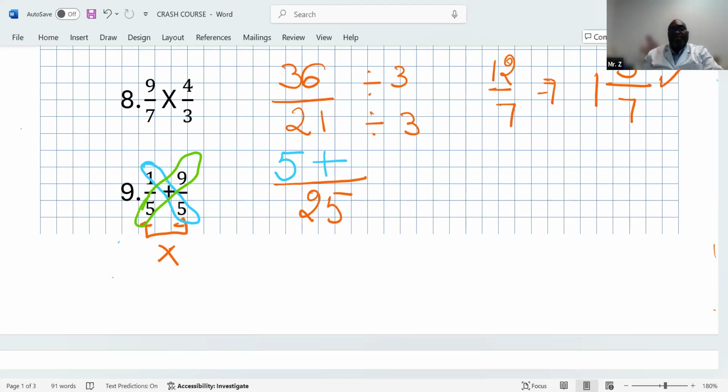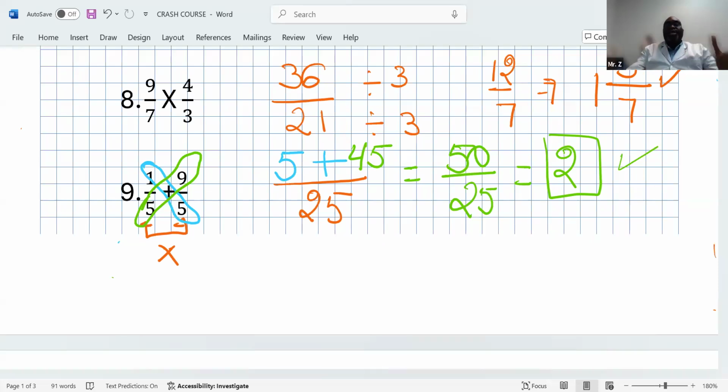So I'm going to do 5 times 9. I'm going to have 45. So once you add this, you have now 50 over 25 is going to give you 2. All right.